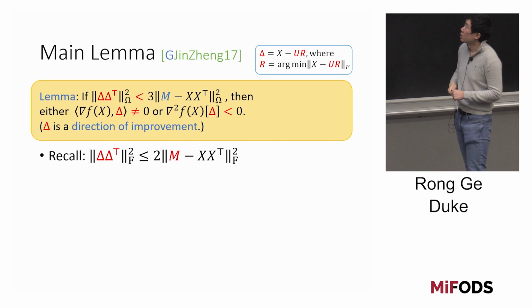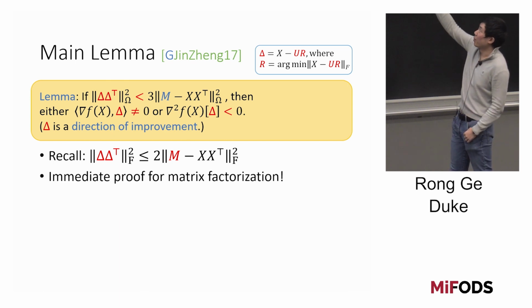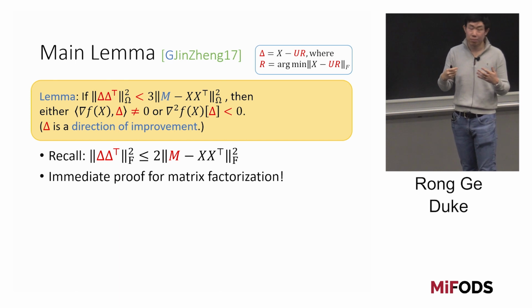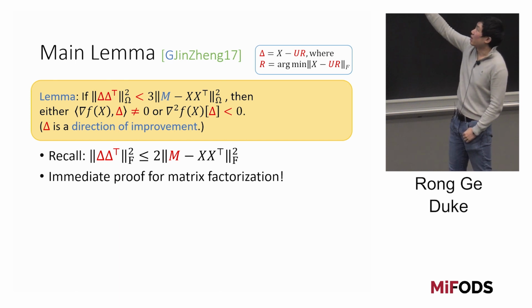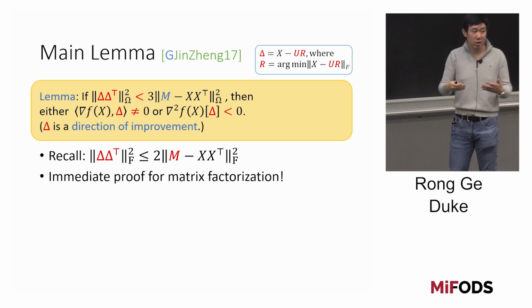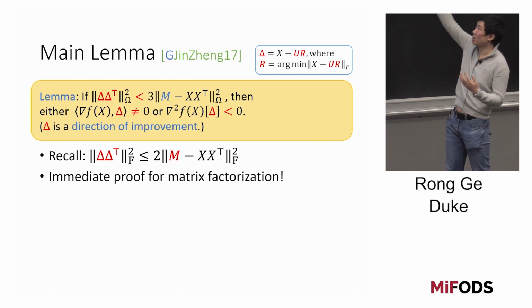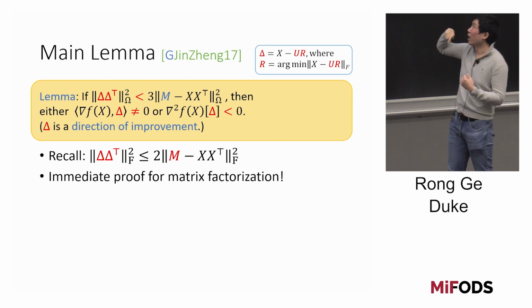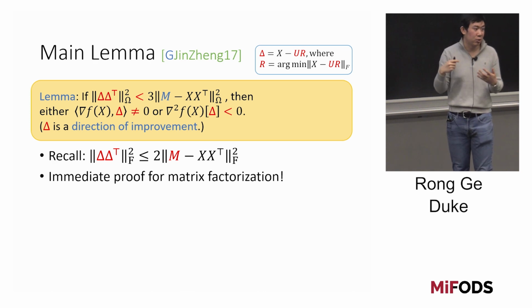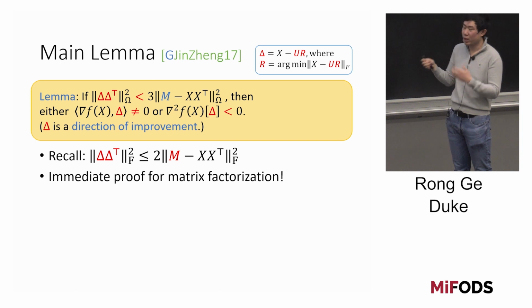So now for matrix factorization, the omega norm is equal to the Frobenius norm. Then it's immediate to see that the left-hand side is always less than or equal to 2 times the right-hand side, which is always strictly smaller than 3 times this error, unless the right-hand side is equal to 0. So unless the right-hand side is equal to 0, we can always find a direction of improvement.